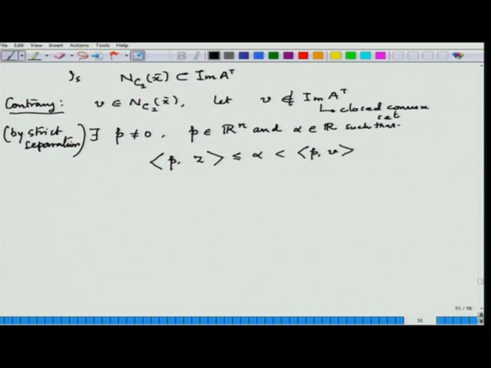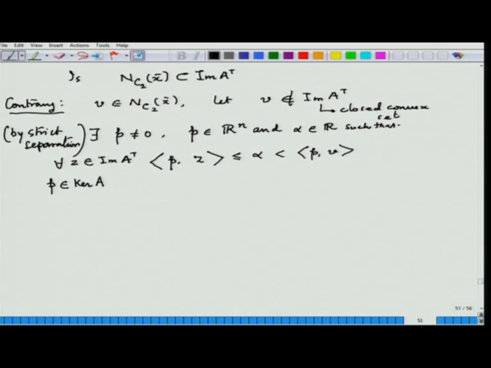This is true for all Z element of image of A transpose. Now, what I want to show from here is that P is an element of kernel of A. That is exactly what I want to show.